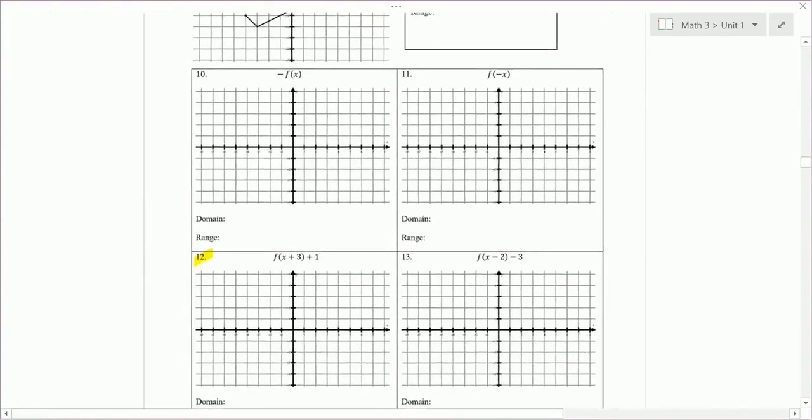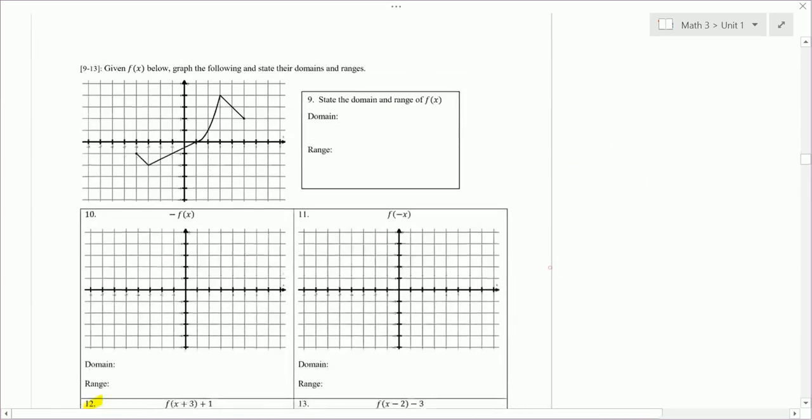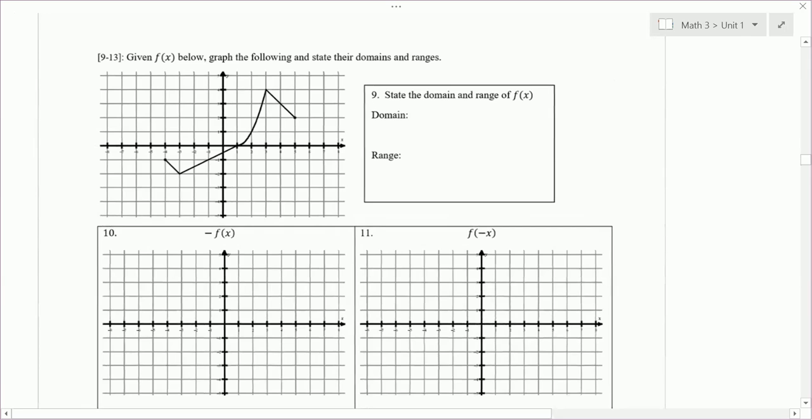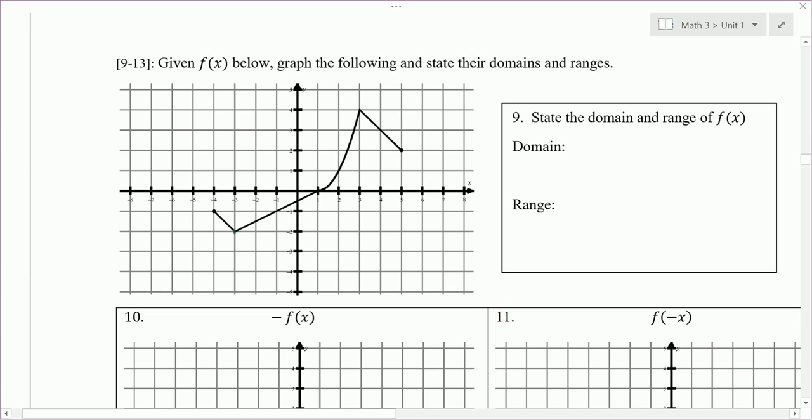And lastly, I'm going to do number 12 with you guys. So 9 through 12, we're given this function below, and we're asked to graph the following and state their domains and ranges. Okay. So there's some key points.